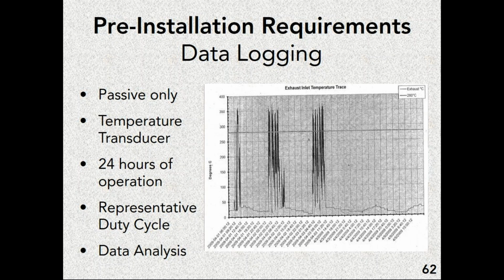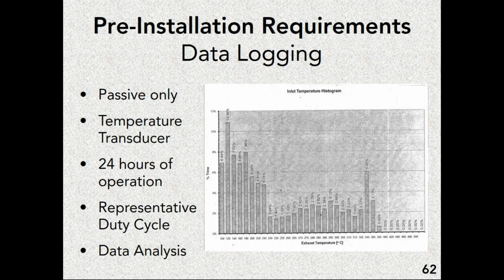The time stamps are along the bottom. The temperature readings are actually the spikes of the chart itself. You go through this, and then the manufacturer is also going to look at this data, which will show you a histogram of those inlet temperatures. And from this one, I don't know if you can see this.